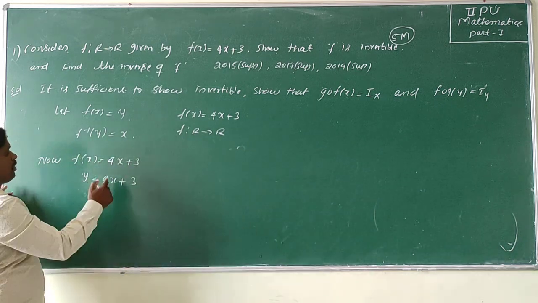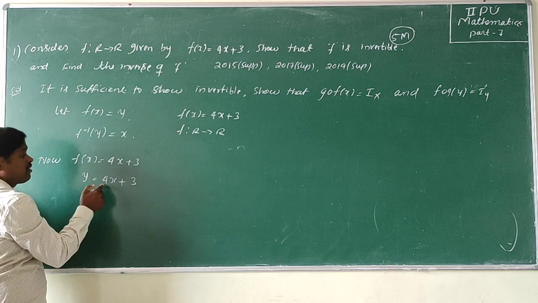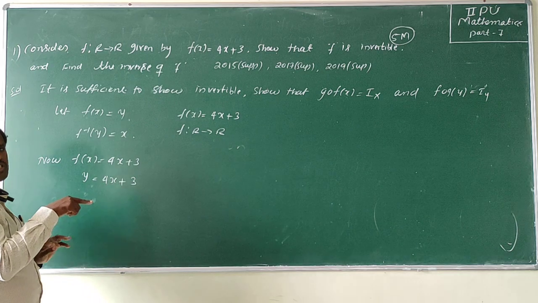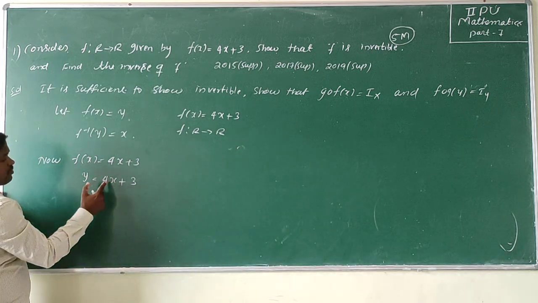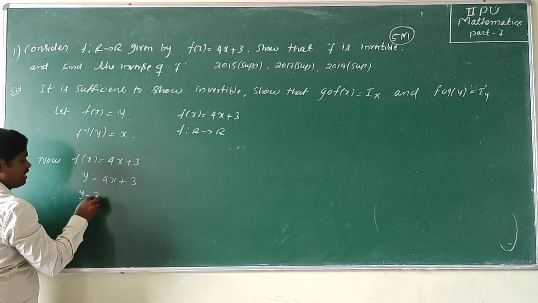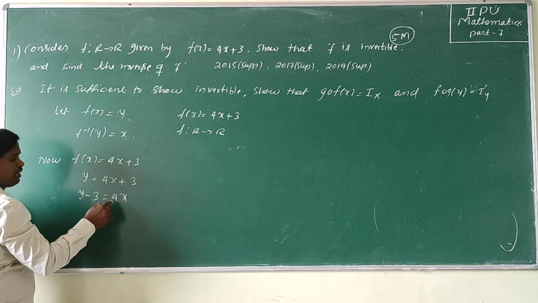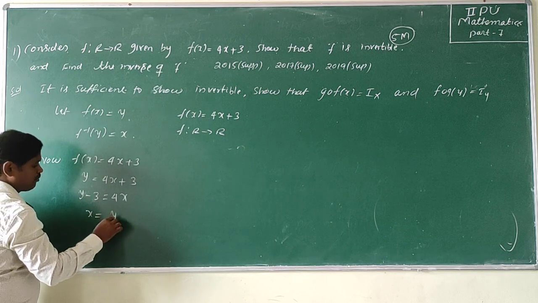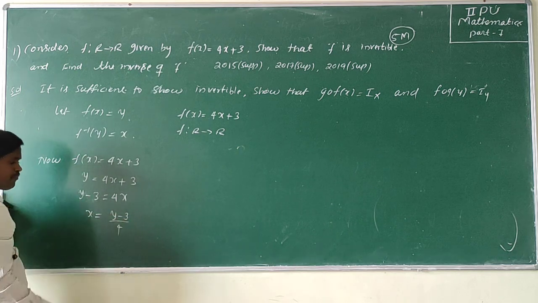That means this is in terms of x, and we are going to find the function in terms of y. So y minus 3 is equal to 4x, therefore x is equal to y minus 3 divided by 4.